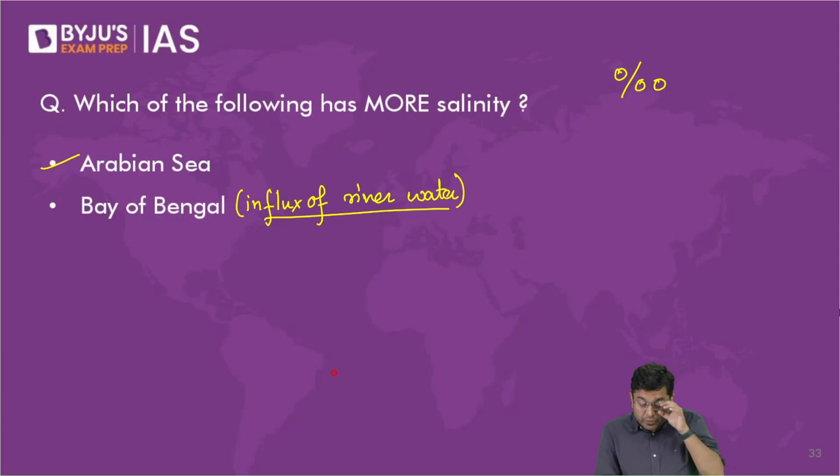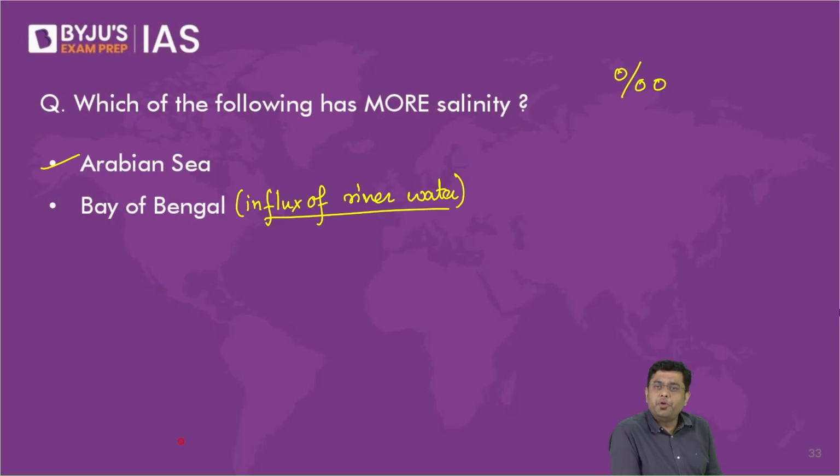Now, we come over to another concept that we will introduce ourselves with. And this is where we will try to interrelate and interlink it with the portion of climatology as well. So here, when we talk about the two cases, let's suppose you have seawater present in a region.